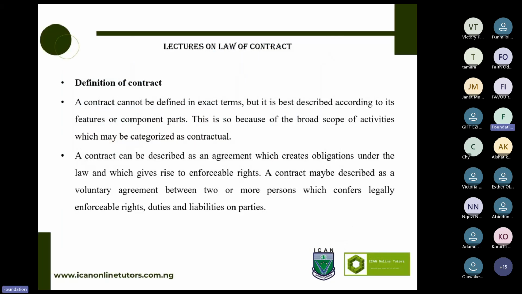Now, what is contract? If anyone asks you what is contract, I'm sure a number of us will definitely have a good answer. But before we look at what we have on the screen as the definition of contract, can anyone on this call tell me his or her understanding of the term contract?